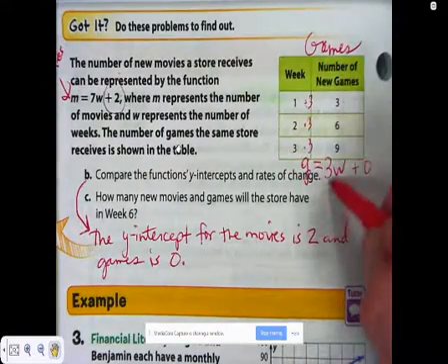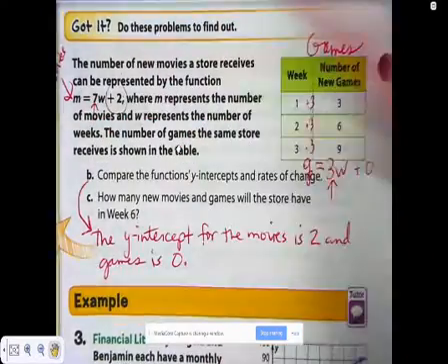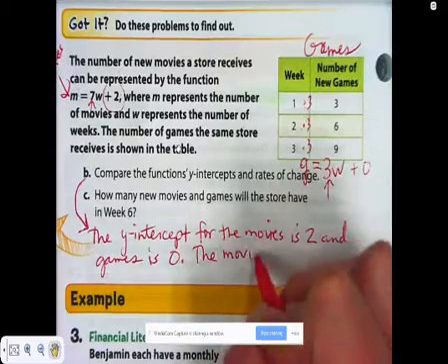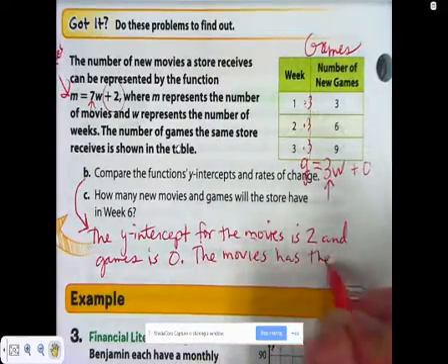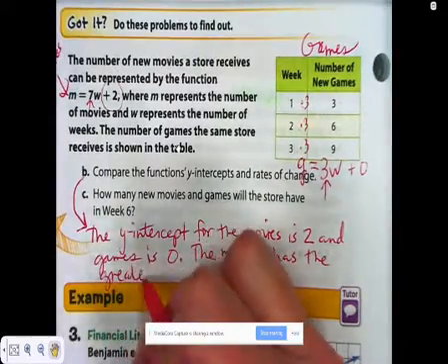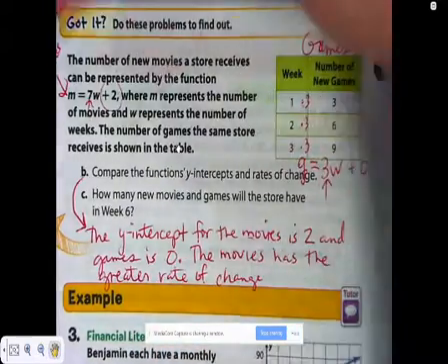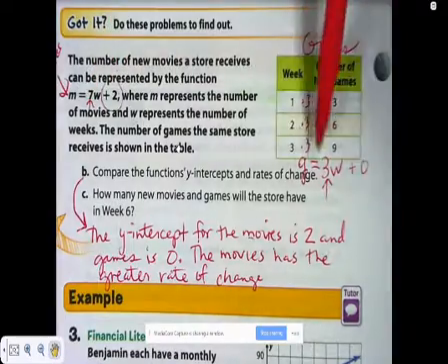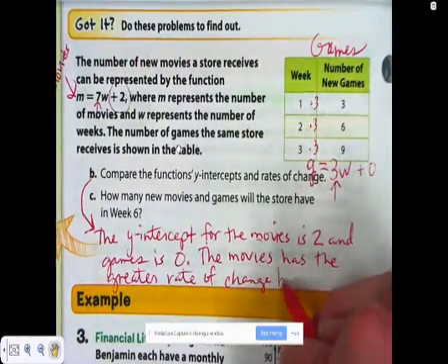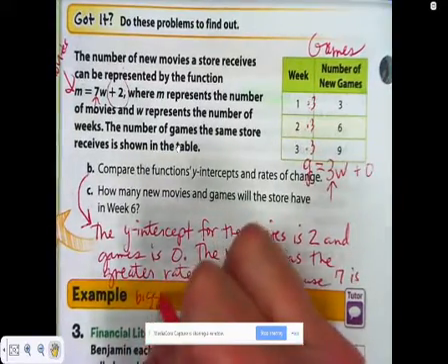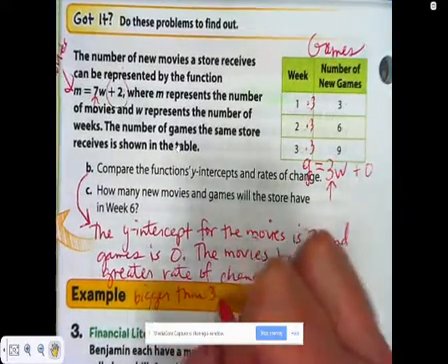The rates of change are your slope. So the movies has the greater rate of change because this one is 7 and this one is 3. 7 is bigger than 3.